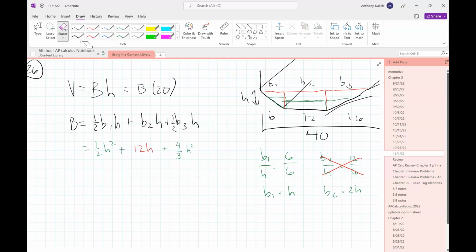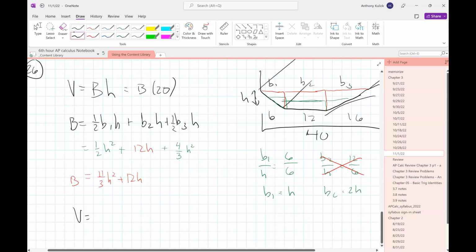Just grind it out. All right. So I get here, 8/6 plus 3/6 should be 11/6 H squared plus 12H. So that's my base.